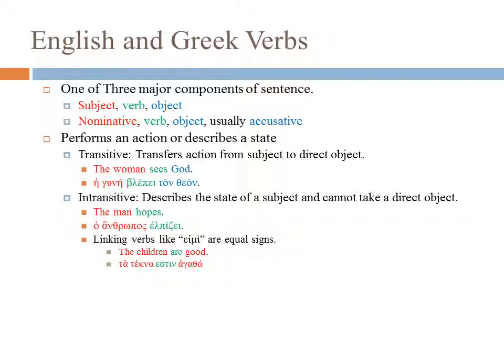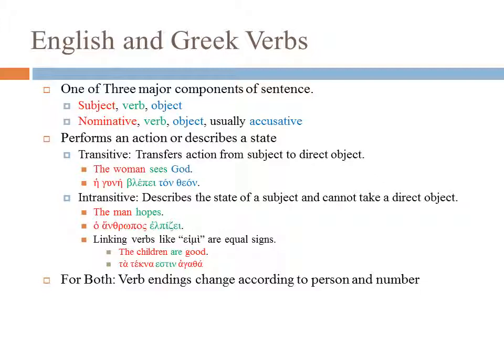Ta tekna estin, to be, agatha, and agatha is in the same case as ta tekna in the nominative. As a reminder, estin is a singular verb, and ta tekna is a plural noun. The reason being that plural nouns, if they're neuter, take singular verbs.